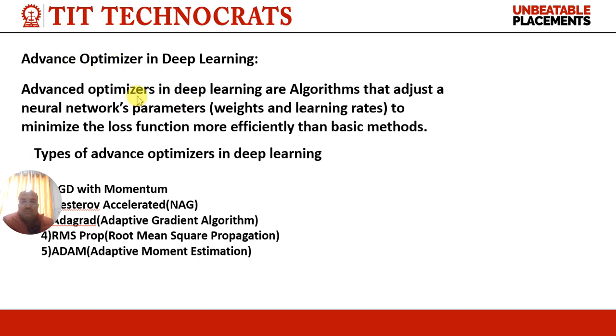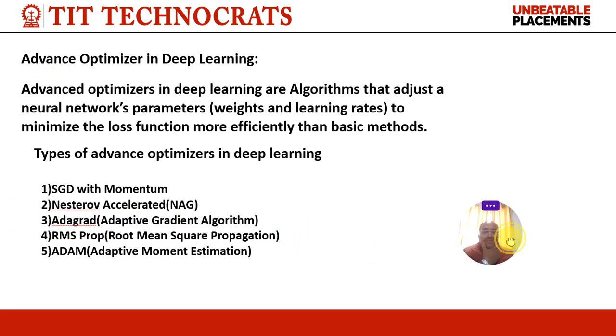Now, after the CNN, we discuss some optimizers. In a previous unit, we have also discussed optimizers like the gradient descent algorithm and its types. So now we discuss some advanced forms of gradient descent required in the CNN.